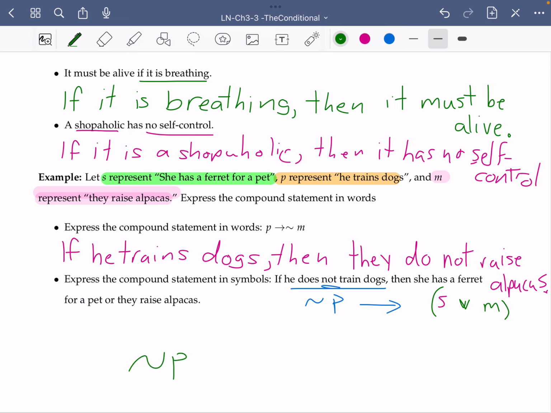Not P implies either S or M. If he does not train dogs, then she has a ferret or they raise alpacas.